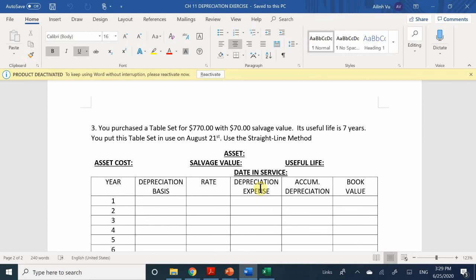Use the straight line method. So again, we've got the asset costing $770, a salvage value of $70, and a useful life of 7. Wow, so many sevens. And we are going to put it into service on August 21st.